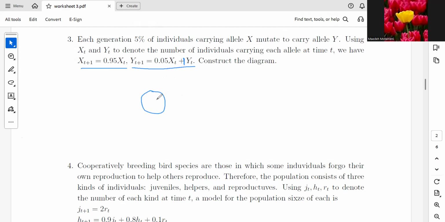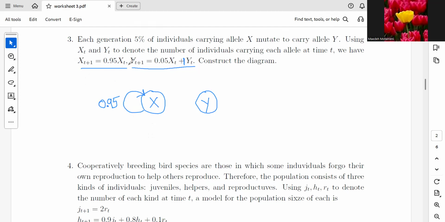So far we know that we would have 2 circles, x and y. And since for x, there is a relationship between each step to the next step in time, that would be multiplied by the number 0.95. So it means that when x is going to the next step, we would multiply that by 0.95.